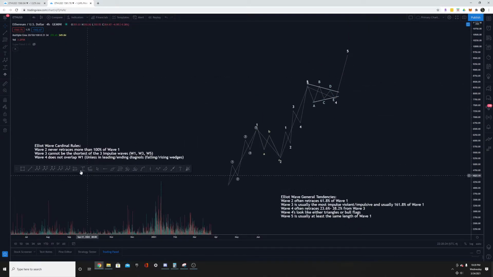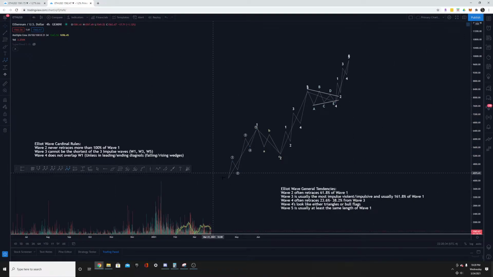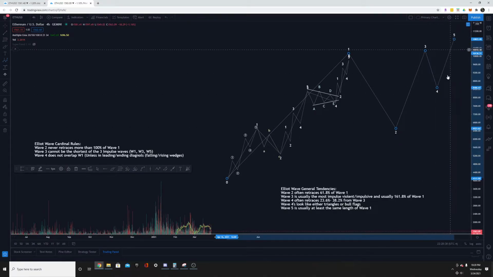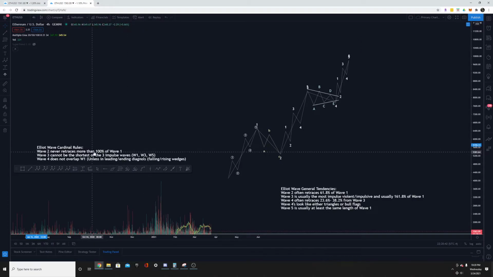And wave 5 is the same thing, a 5-wave impulse. And then once you finish that, this whole thing is a larger 1. And then you come down for a 2. And it just repeats. So here are the cardinal rules.